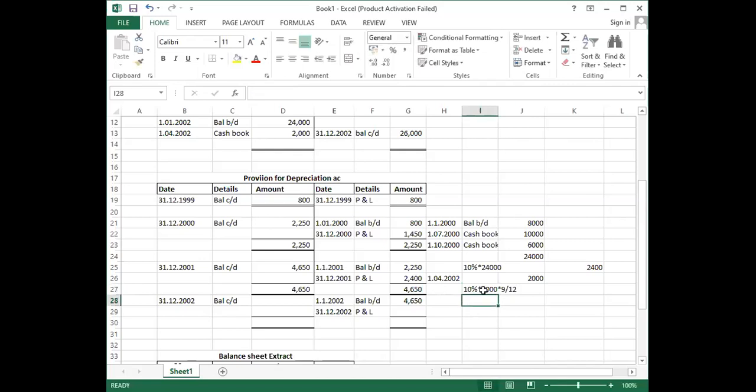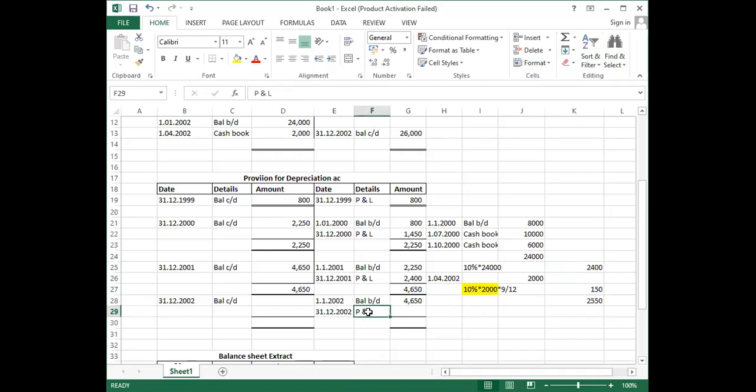What is the amount that you get? If you work out this, what is the amount that you get? 150. You get 150. And therefore, the total depreciation for year 2002 is supposed to be 2550.